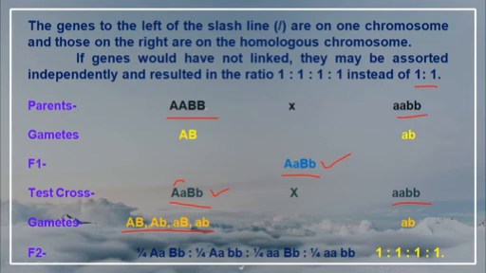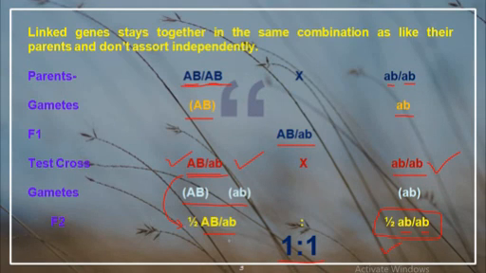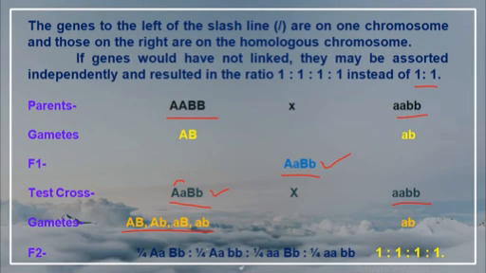So linkage is totally different from independent assortment. The difference is that in linked genes we can see only two offspring have been formed and they are like their parents. But in the case of independent assortment, four types of offspring are formed, some are like their parents and some are intermediate.